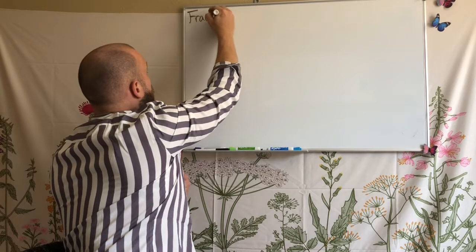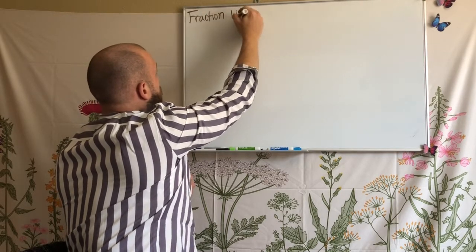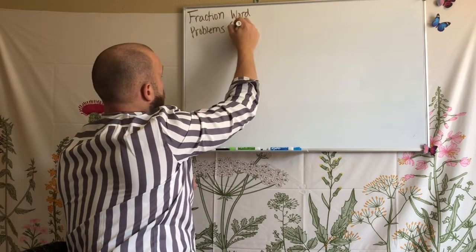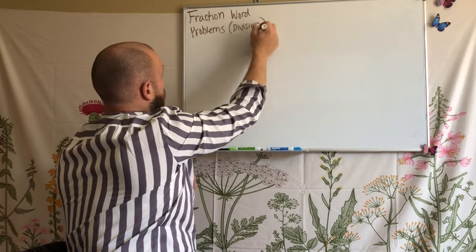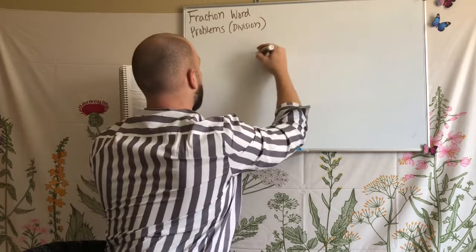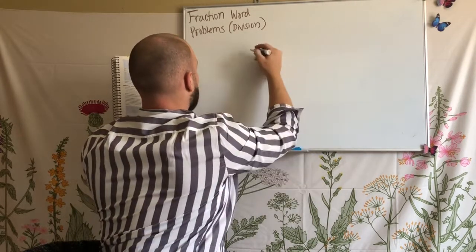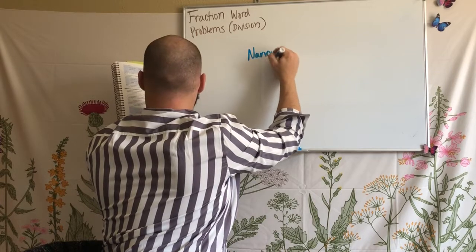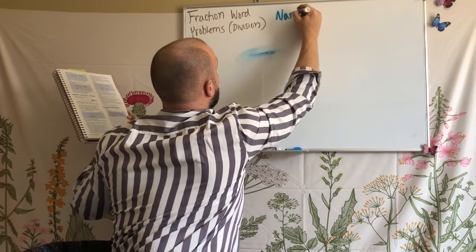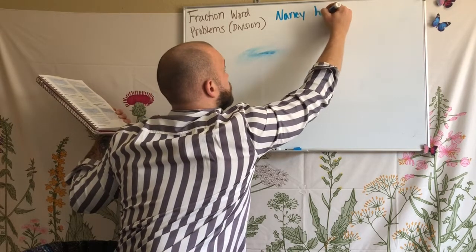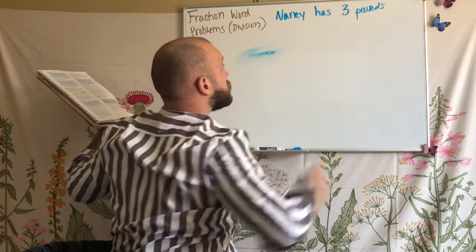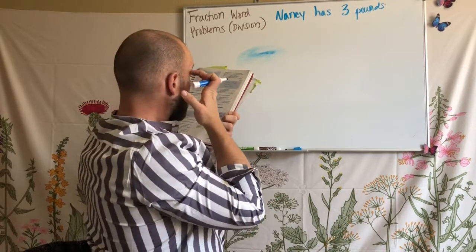Give me a second to write this on the board so you can follow along. Nancy has 3 pounds of peanuts.